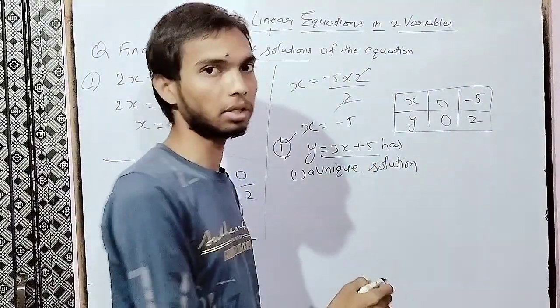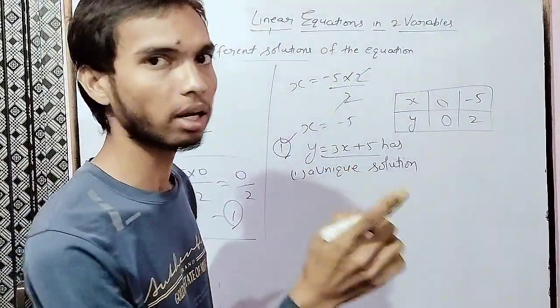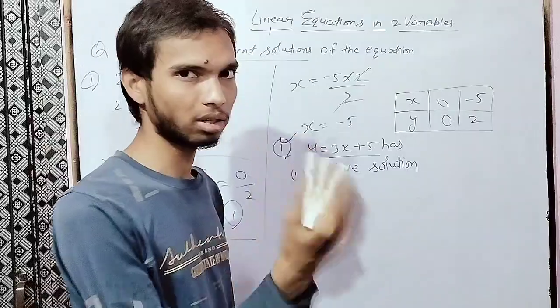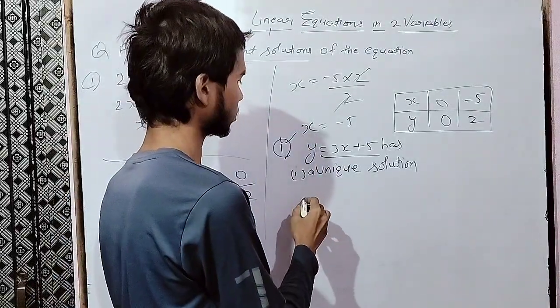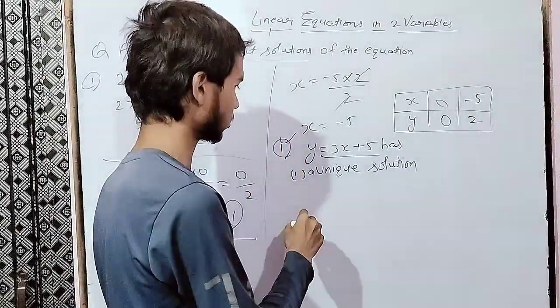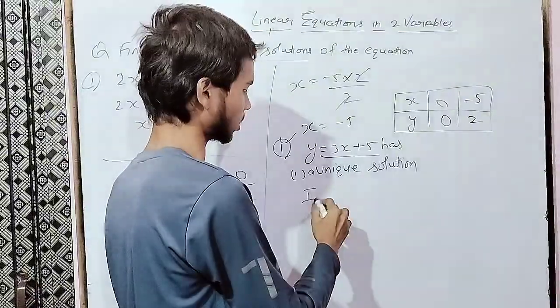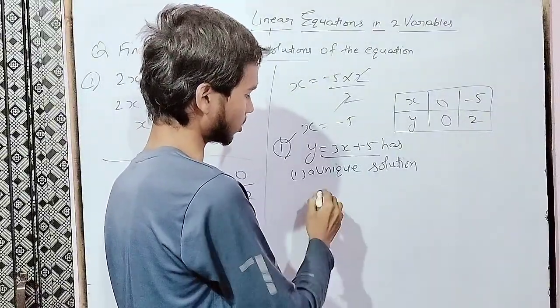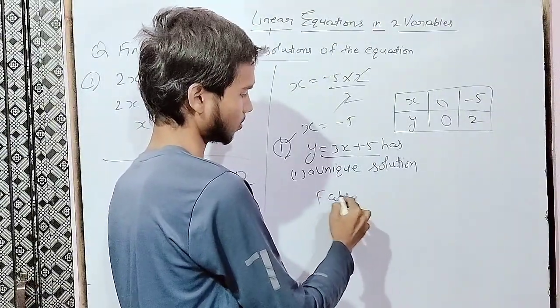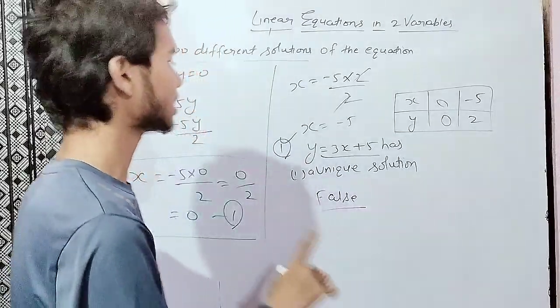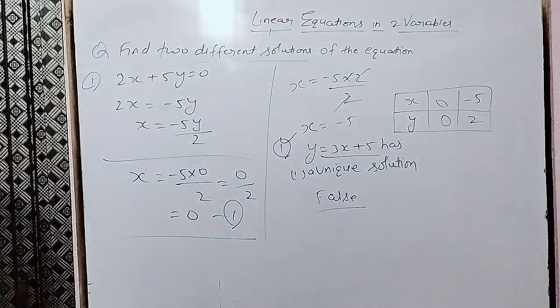First of all, this is a linear equation, and a linear equation has infinitely many solutions, not a unique solution. Therefore this statement is incorrect, or you can say false.